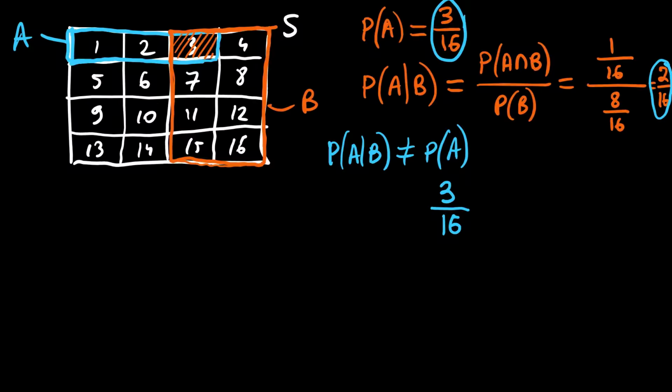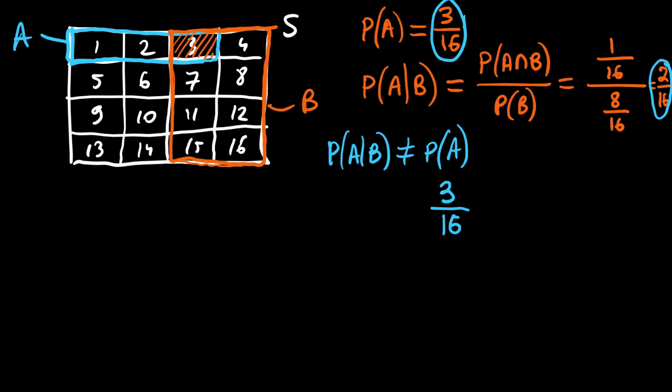So imagine that the event A is fixed, but the event B you can vary over the sample space. Try picking a set B that would make the probability of A conditional on B equal to the probability of A. There's no such set B.